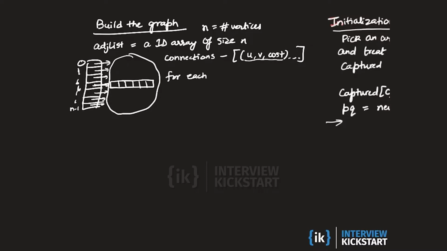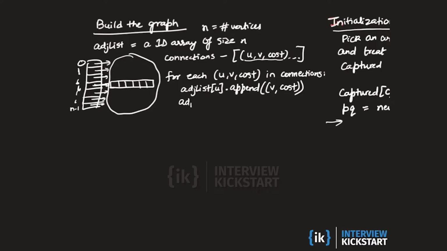So for each edge that we see of the form u, v, cost in this array or list called connections, we are going to add it 2 times to the adjacency list structure here. We will go to the adjacency list of u and add v to it, but this time, because the graph is weighted, we are not just going to add v, we will also add the weight of the edge between u and v along with that neighbor v.